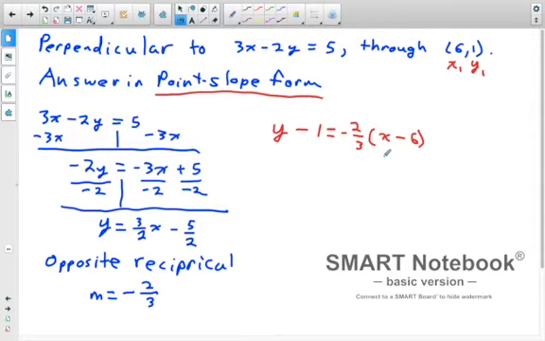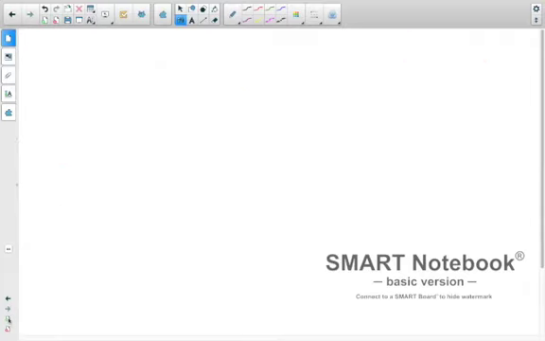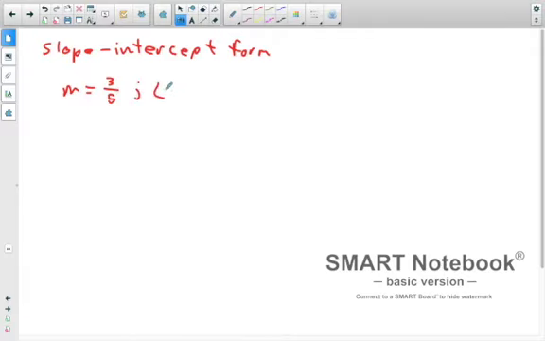Now, understand that even though we were doing this for parallel and perpendicular lines, this process doesn't change. If I want to write a line in slope-intercept form, and I am given a slope of 3/5 and a point of (-15, 2), I can do this.